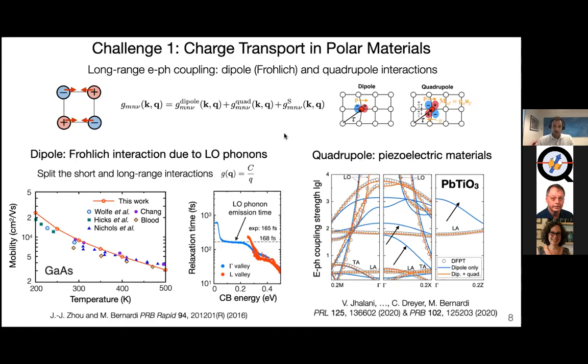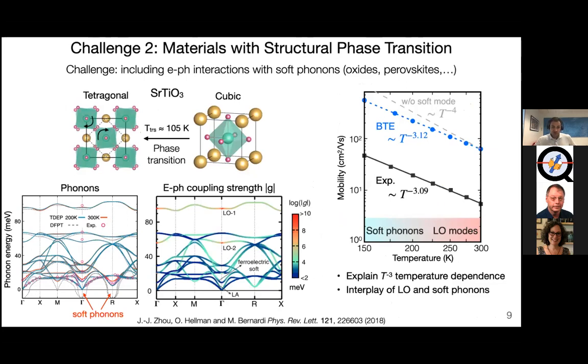So now this framework essentially allows us to study broad families of polar materials, and in particular complex oxides, which you could argue are the quintessential quantum material. So we're now focused on oxides. Oxides have many aspects that make them complex.